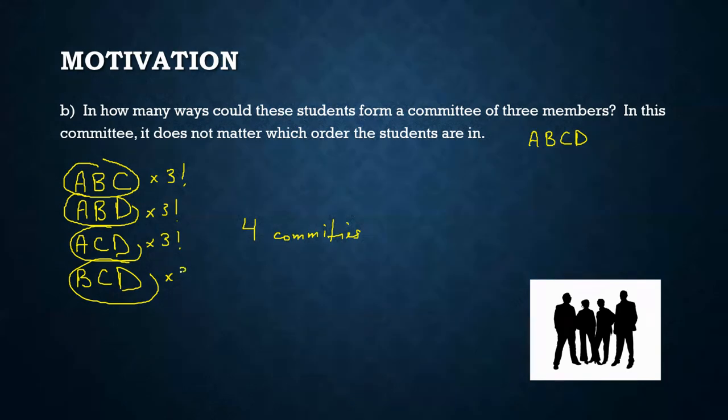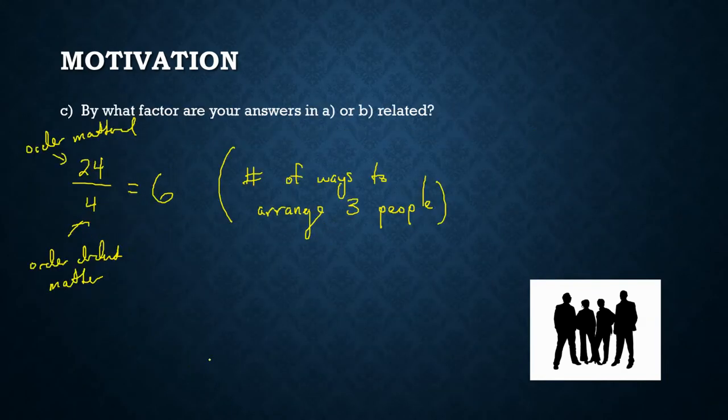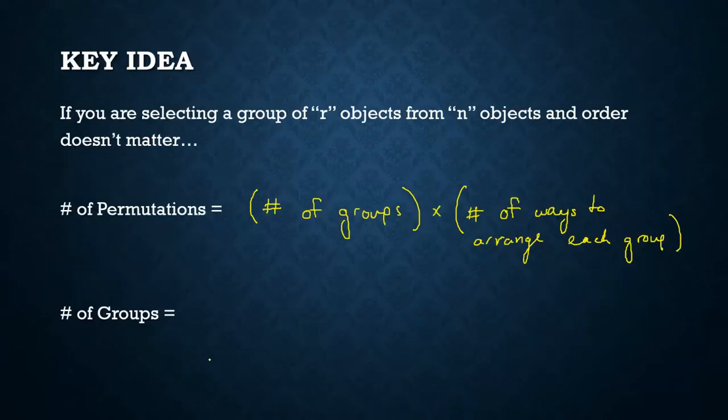BCD by 3 factorial. That'll give you all the different ways to arrange 3 objects from 4. And so that's where we get this calculation from. This is just the number of possible groups. And then for each group of 3, there was 3 factorial ways to arrange them. So that's what we have here.